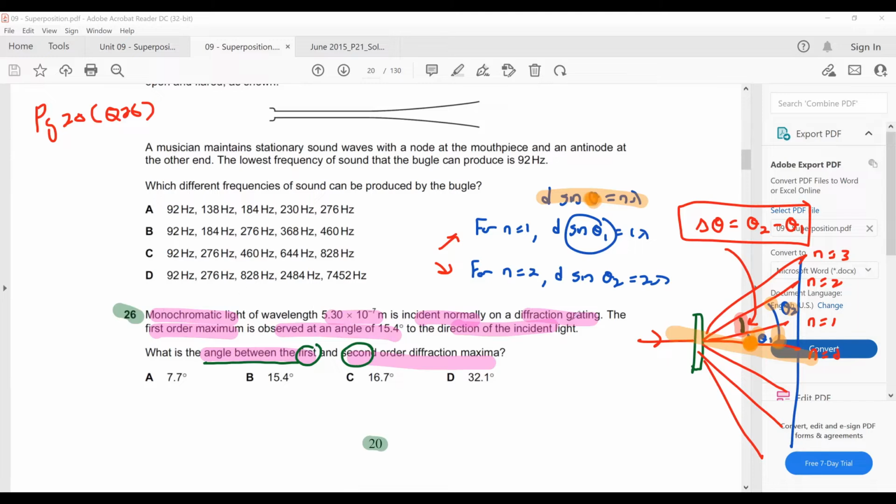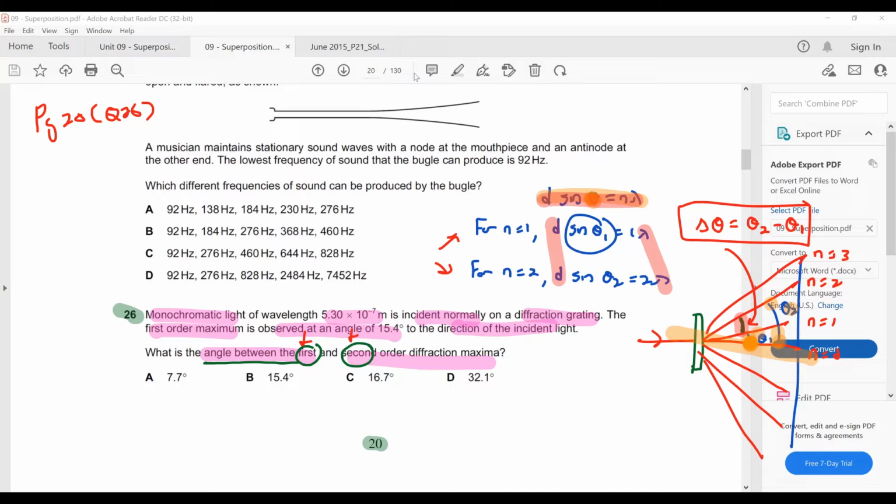Now back to what I was talking about. When you're talking about the first and second order, the equation d sine theta equals n lambda applies to both. So if you want to make a comparison between both cases, there are certain variables that are common. The first common variable is d. The second is lambda.